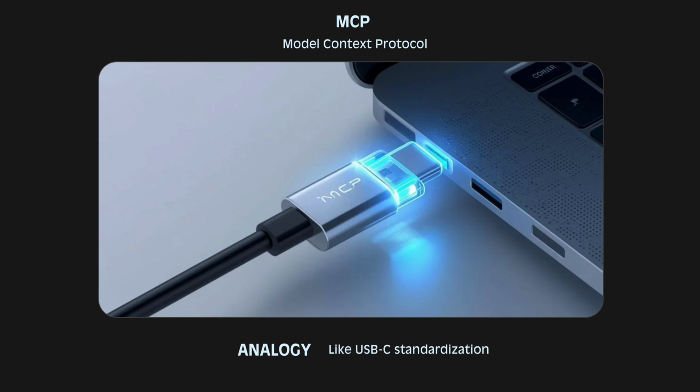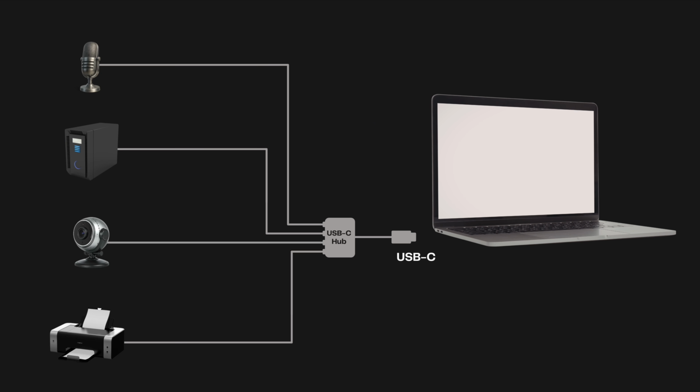Model Context Protocol. Think of this as a USB-C port for AI. Just like USB-C lets you plug in a microphone, a hard drive, a camera, or a printer into your laptop using the same physical interface, MCP does that for software and AI systems.